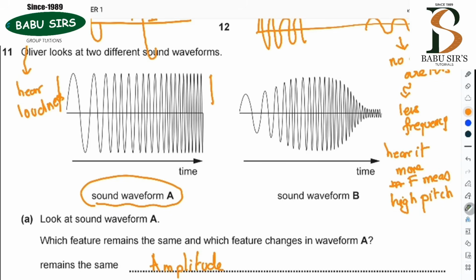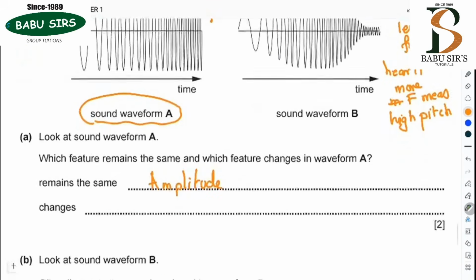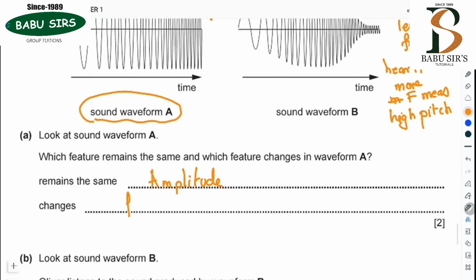Now what is changing? You can see the frequency is changing. Here it was slow and here it is fast. At this point I'm writing X, it is slow, and at this point Y, it becomes faster. So the frequency is changing.